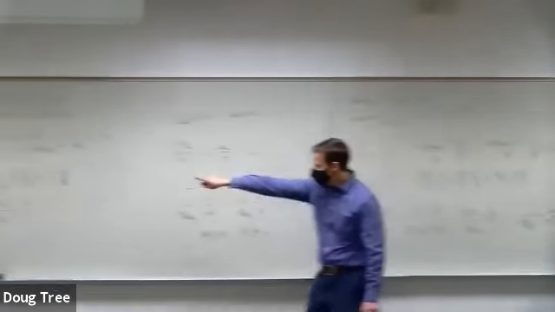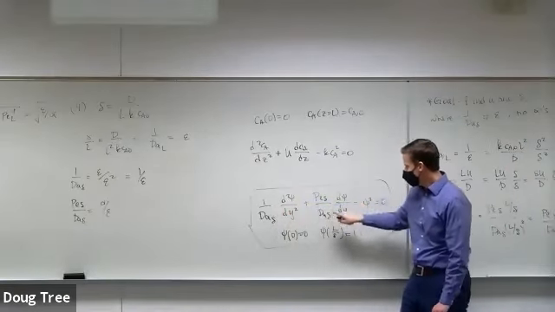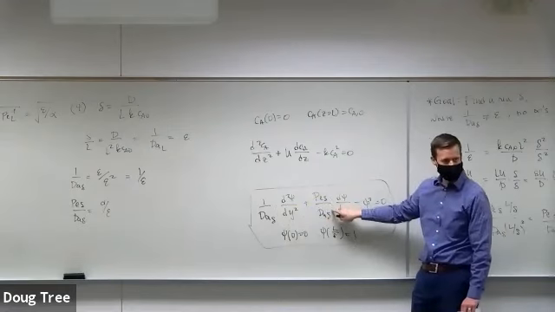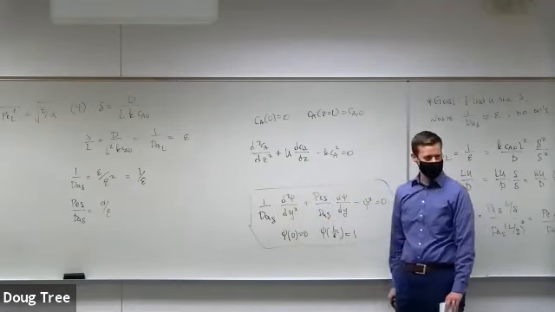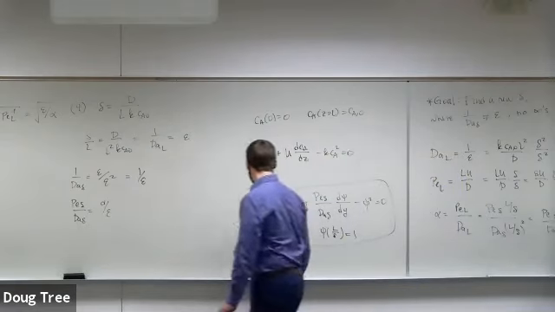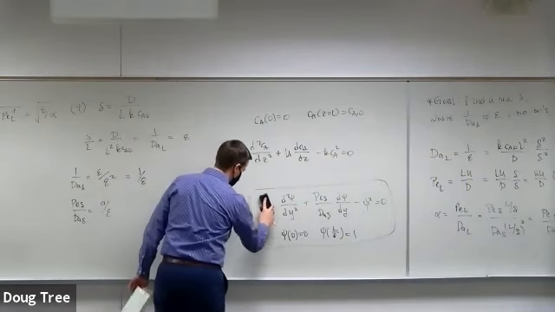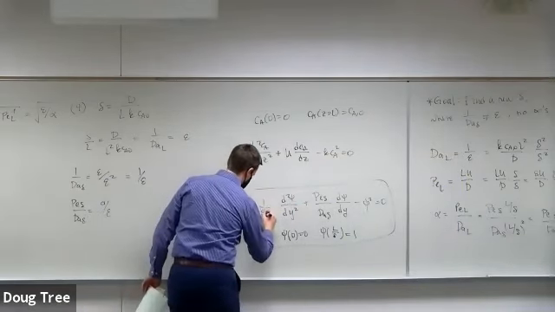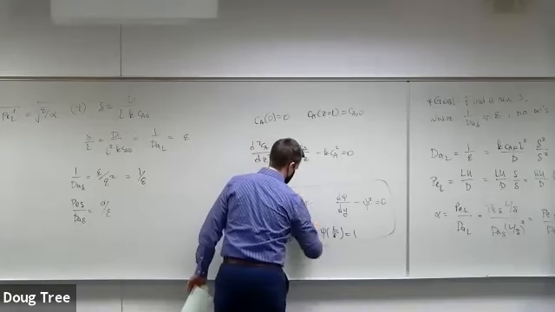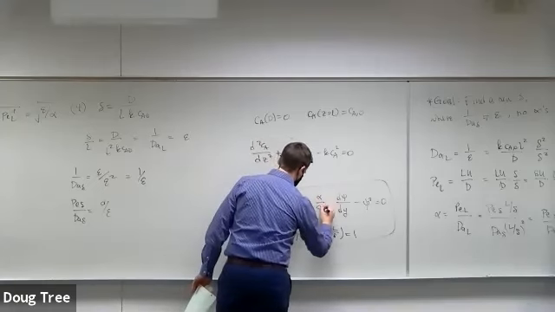So now I'm going to take those guys, and if I have 1 over epsilon here and a 1 over epsilon here, I multiply through by epsilon, right? So let's just replace these guys right here. 1 over epsilon and alpha over epsilon.